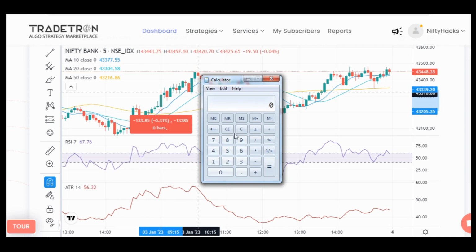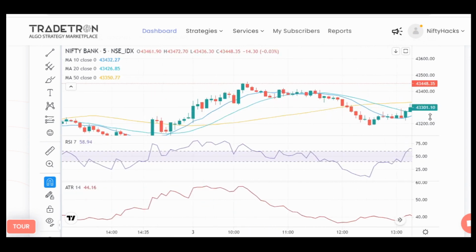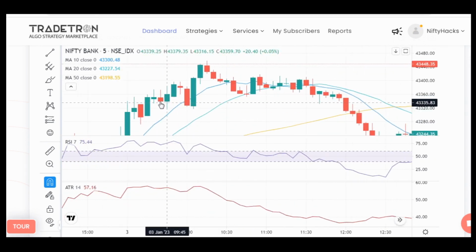Let's check that: 56.93 into 2.3 comes to 130.939. So it seems like while we executed our trade, the BankNifty price must have gone above this candle high, and it should be somewhere slightly below this trigger candle high, so that our ATR condition also got fulfilled.